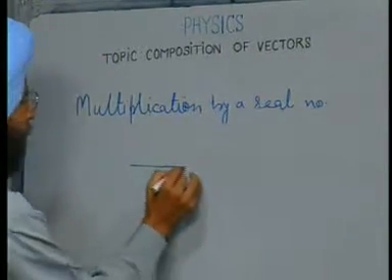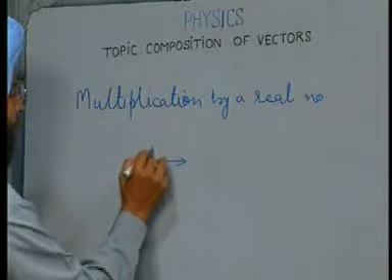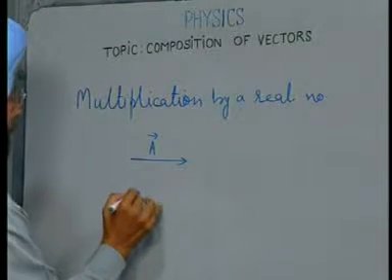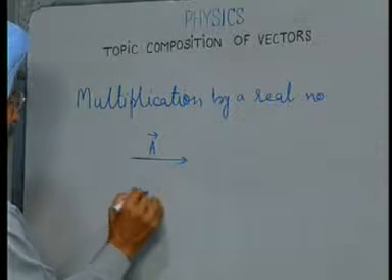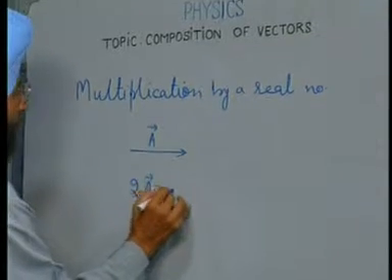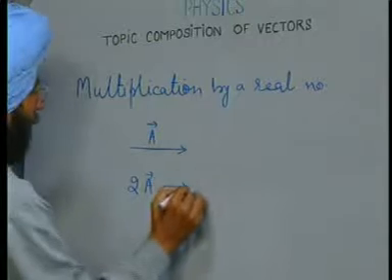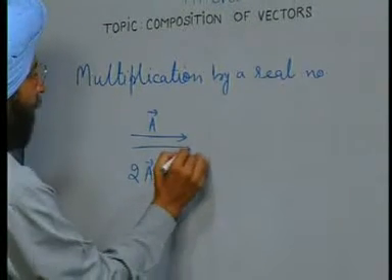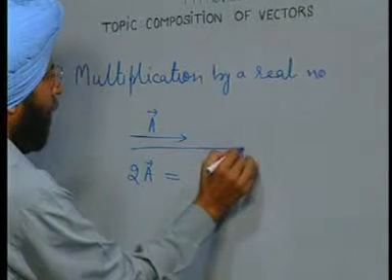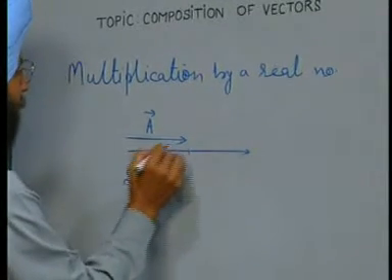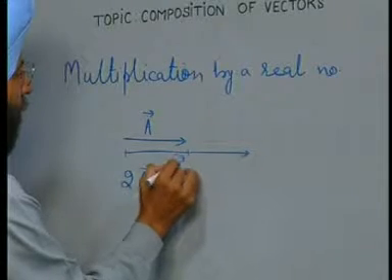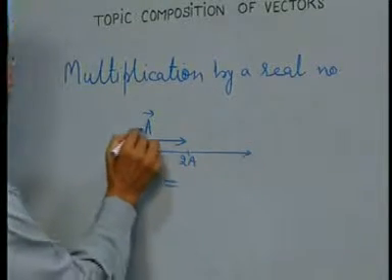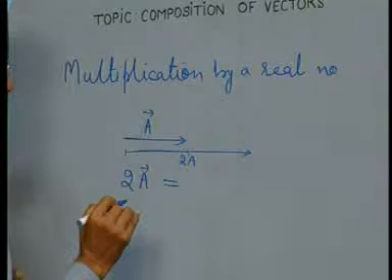Suppose we have a vector A, then 2A will be a vector with the magnitude of A multiplied by 2.